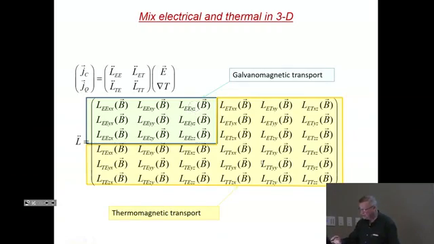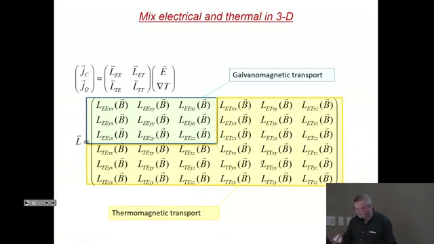So you end up with an XX, XY, and XZ component to each of the electrical conductivities themselves, with the transverse ones being the Hall ones. That green part is just this tensor here, and it's called the galvanomagnetic transport tensor.